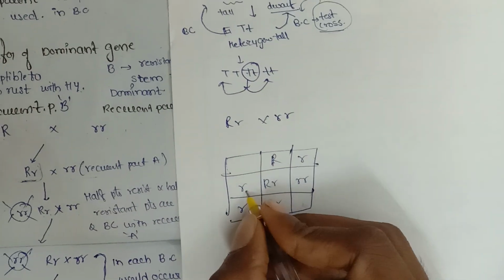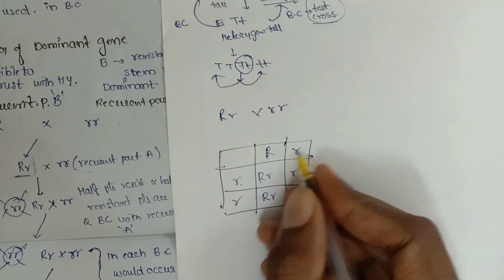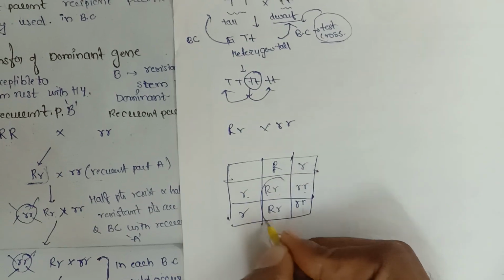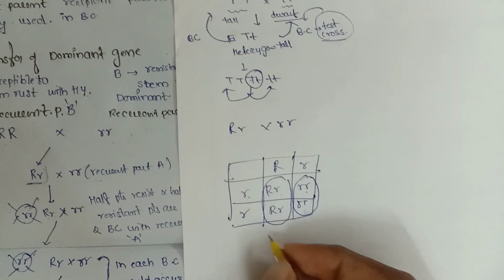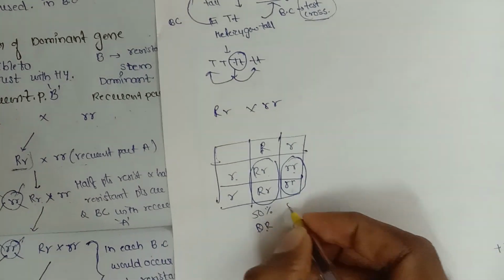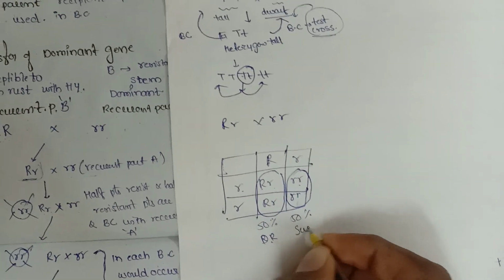We get 50% disease resistance and 50% susceptible progeny.